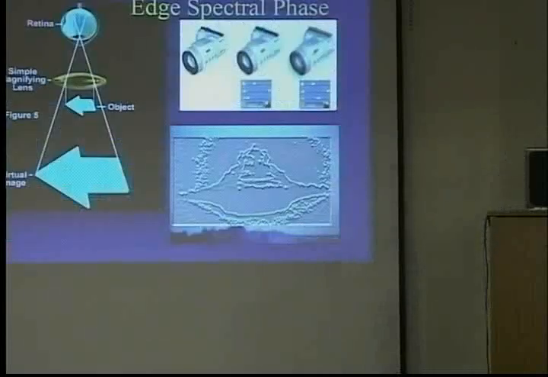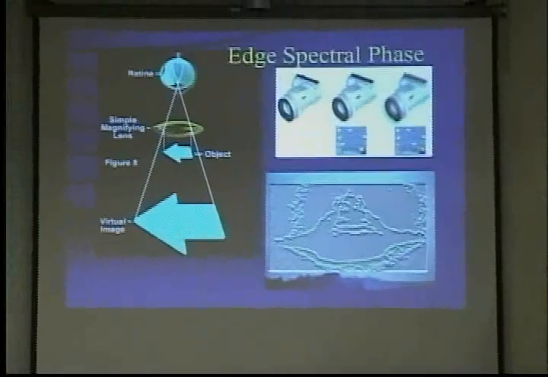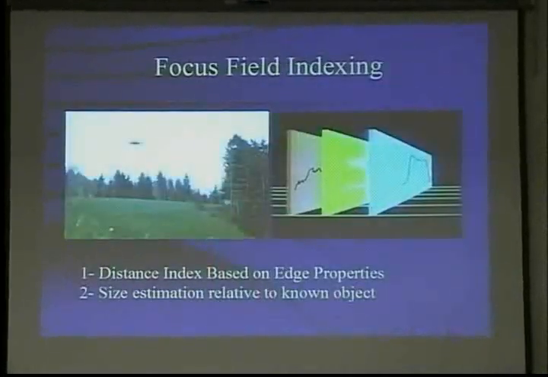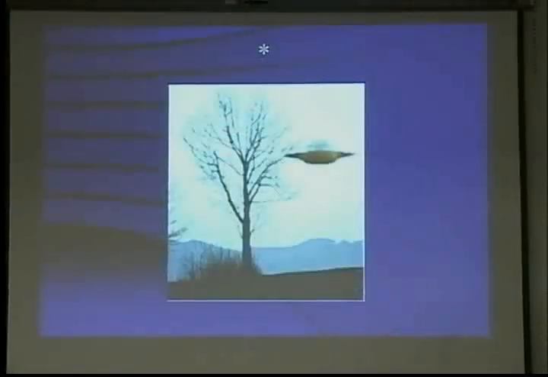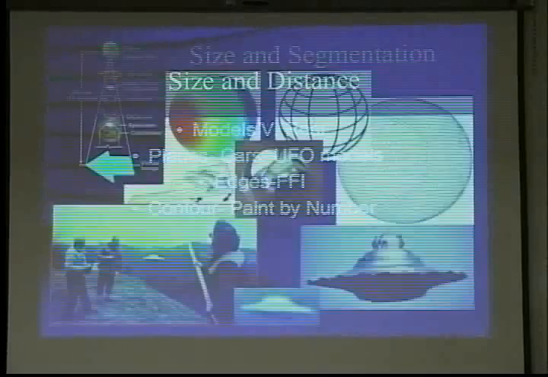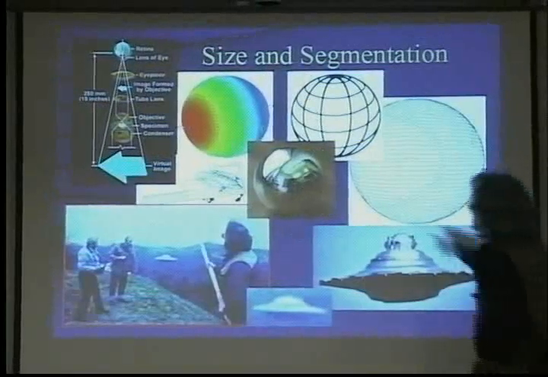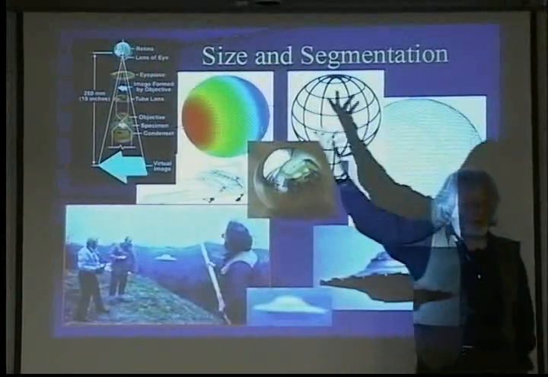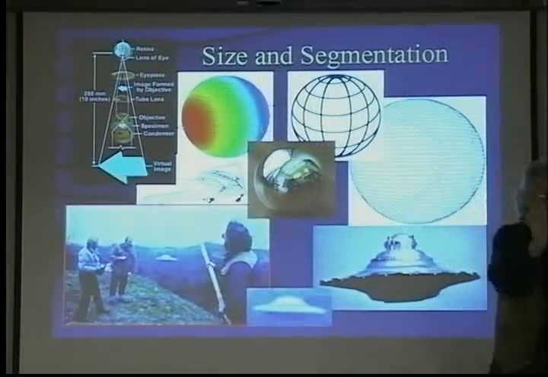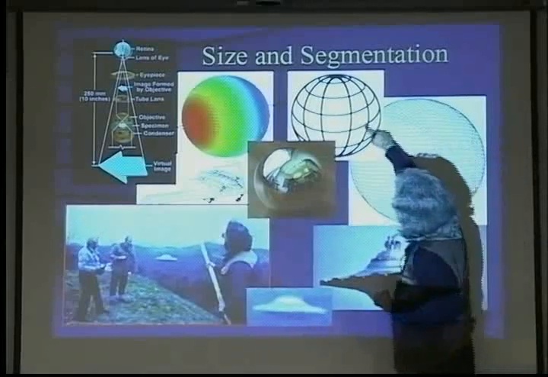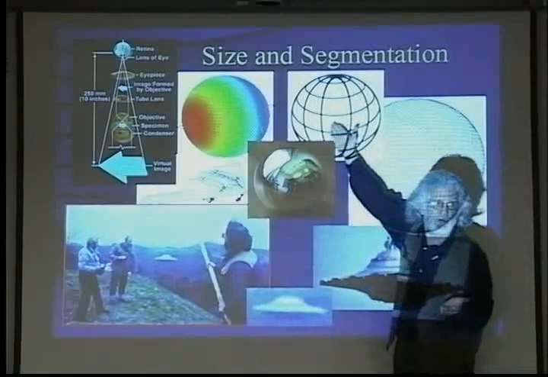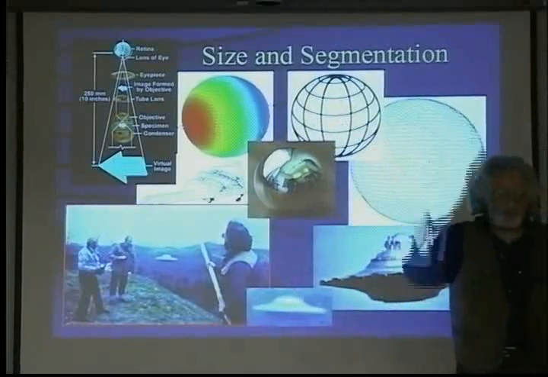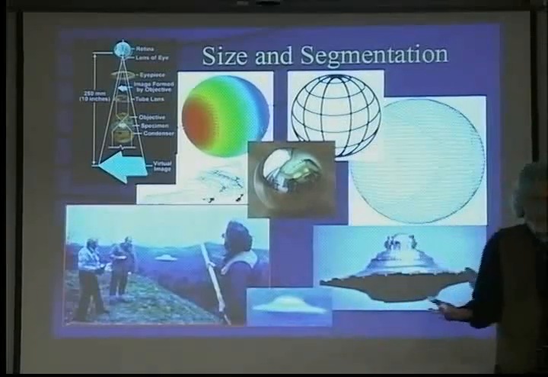So if we're going to make an object look like a basketball and one look like the moon, we might change the number of segments in our paint by number kit. The smaller you want an object to be, the fewer the number of segments you have. The larger you want the object to look, the larger the number of segments.